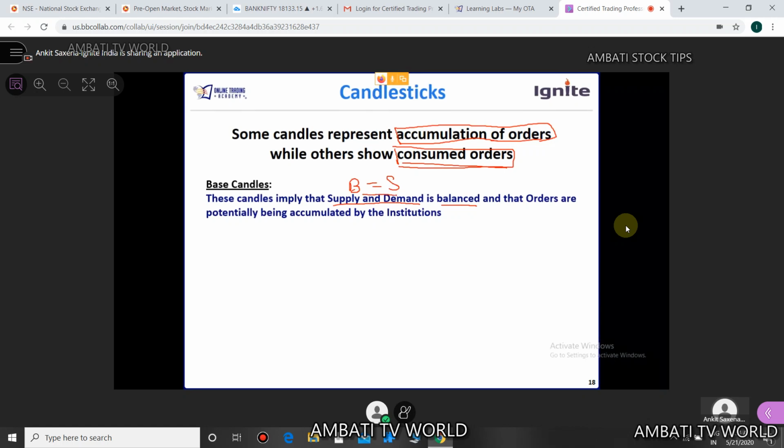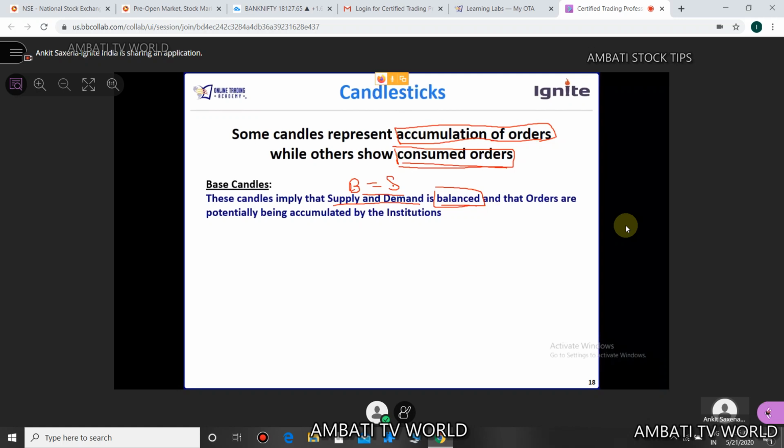Now when the number of buyers is equal to the number of sellers, what will happen to the price? The price will go up, go down, or remain sideways? The price will remain the same, sideways, isn't it? Agree to this point?